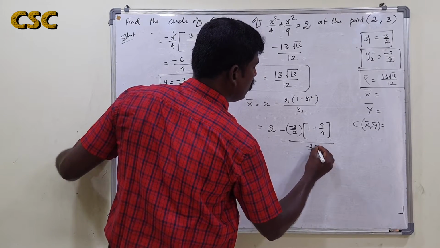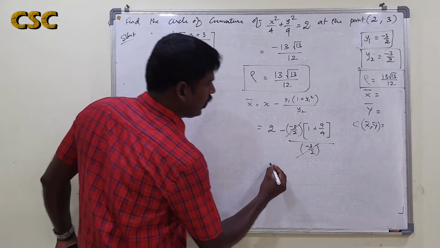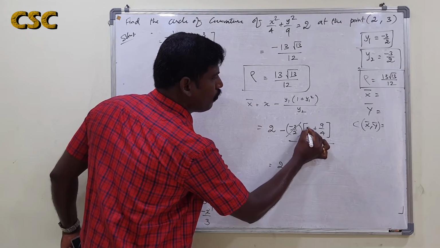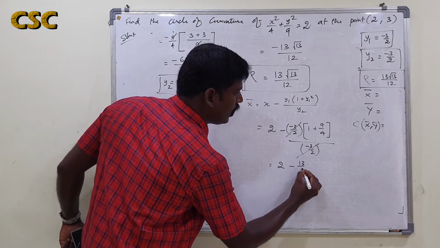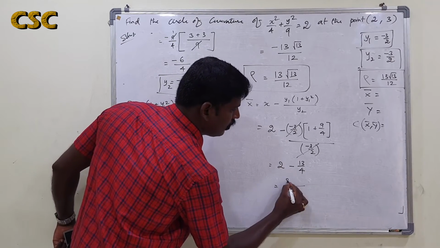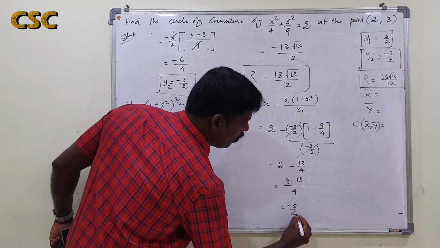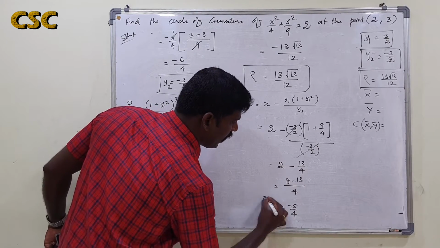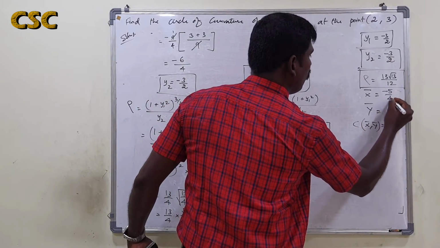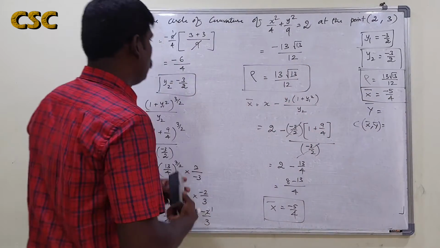The same, 3 by 2. We can cancel this 3 by 2 with the 3 by 2. So 2 minus, taking LCM inside the bracket, 4 plus 9, 13 by 4. Taking LCM as 4, 8 minus 13, that is equal to minus 5 by 4, which is the value of x bar.